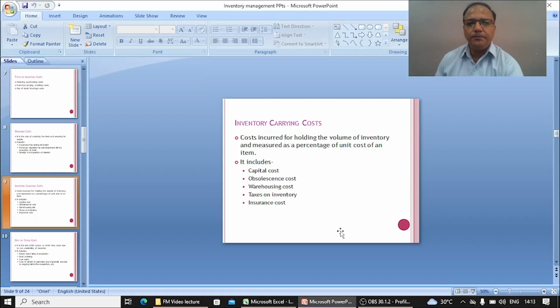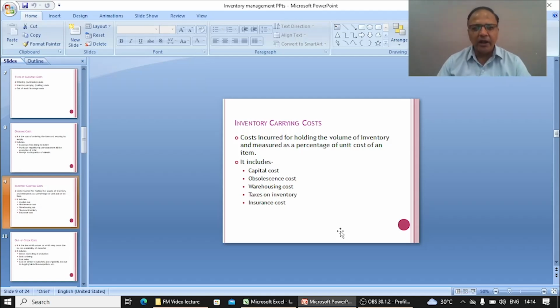Carrying means you have ordered the raw material, in case of a manufacturing concern, and if it is a trading concern, you have ordered the finished goods. Now after giving an order, you have to receive the goods.